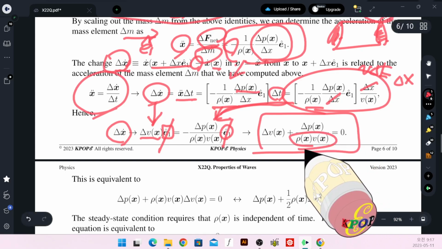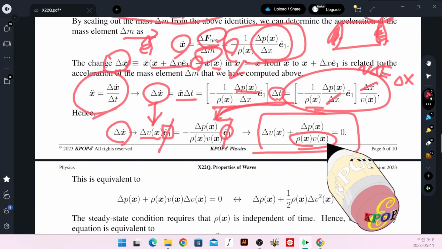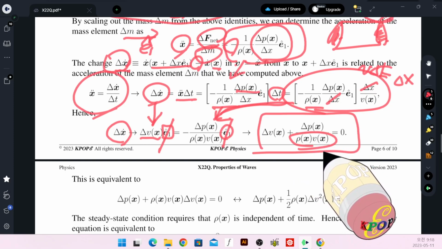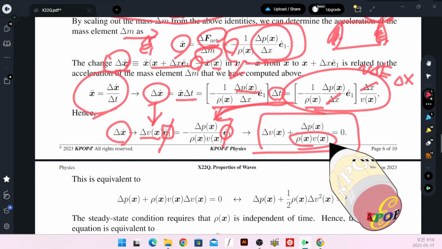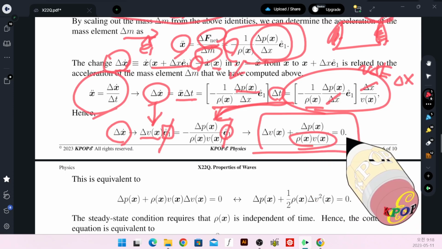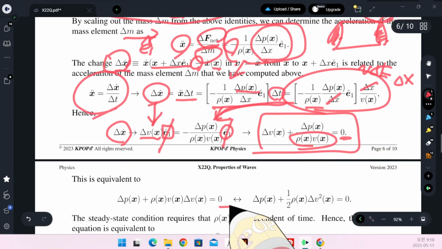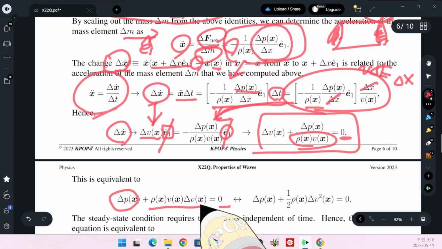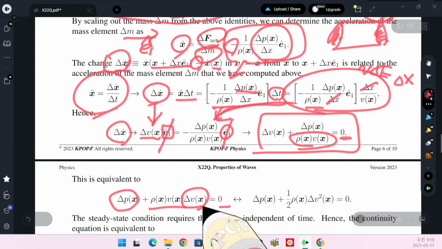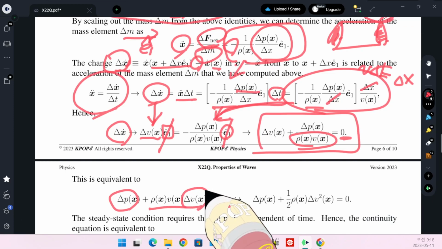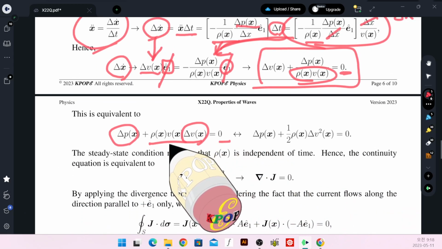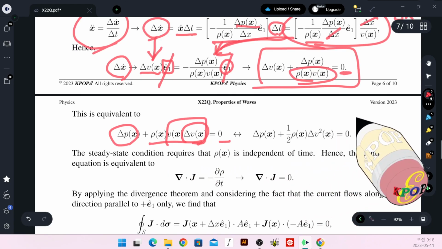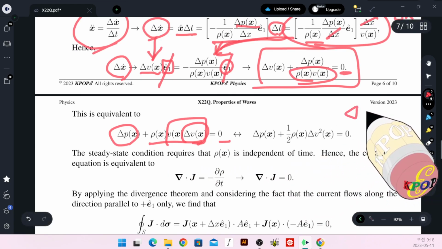If we multiply this factor, rho v, what's that? Current density, rho v. We multiply this factor on both sides. This one doesn't change, and we have pressure change, and the density, velocity, and change in velocity. So this one appears in here. We have v delta v, that is 1/2 v squared differential.